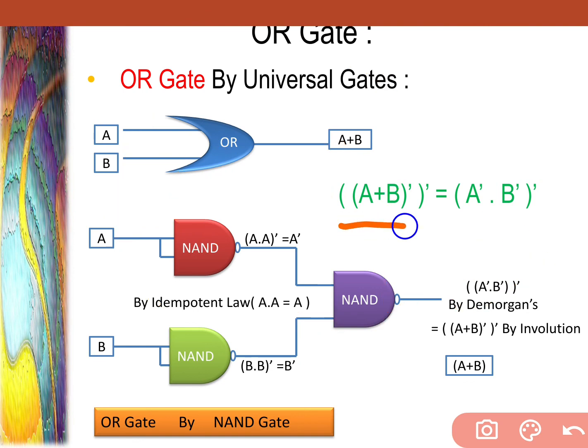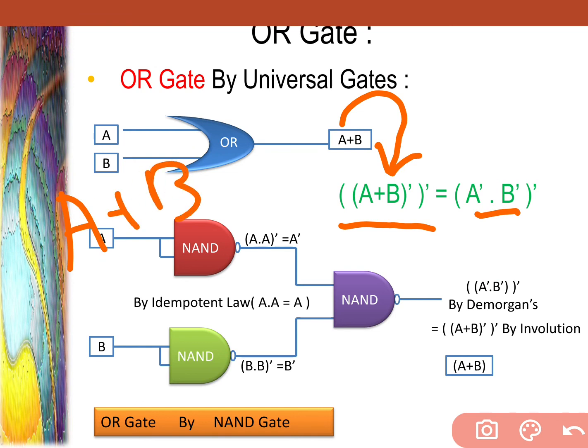Same thing I had written here. I can write A plus B in this format. Nothing happened because dash dash will be cancelled. And see the center part, I can write it in this way because it is De Morgan's law. A plus B whole dash is equal to A dash dot B dash. It is De Morgan's law.